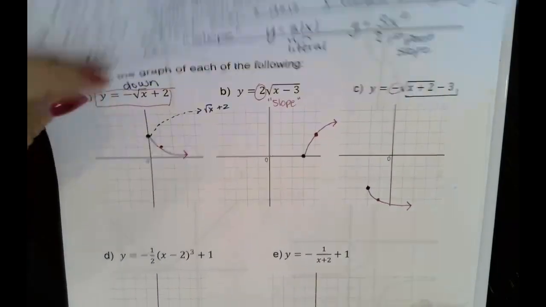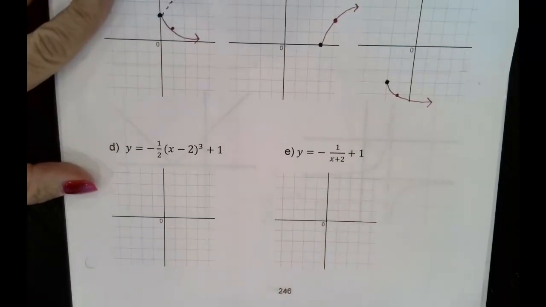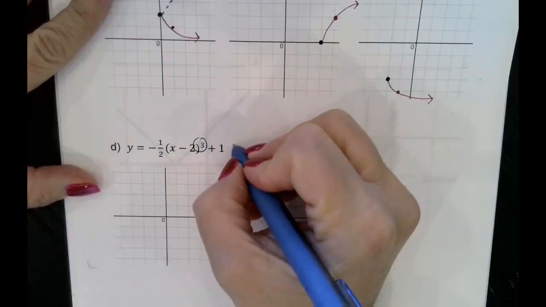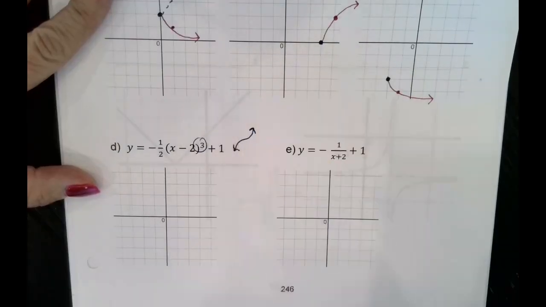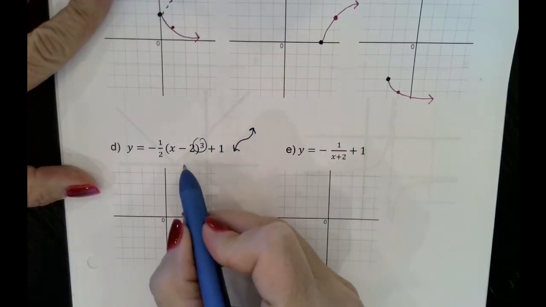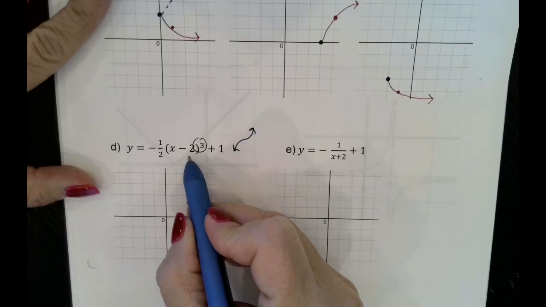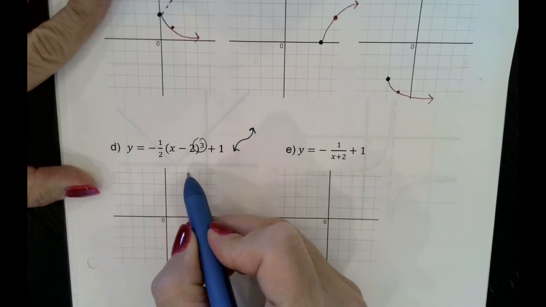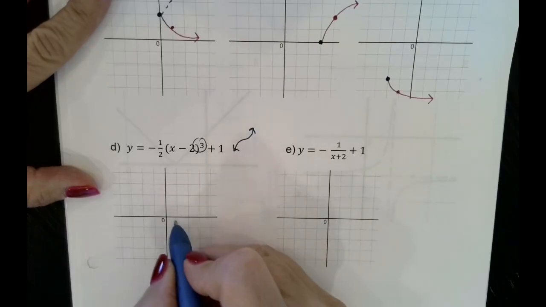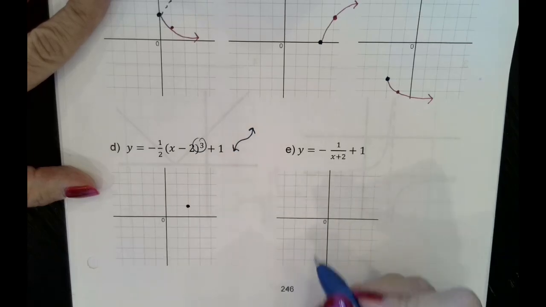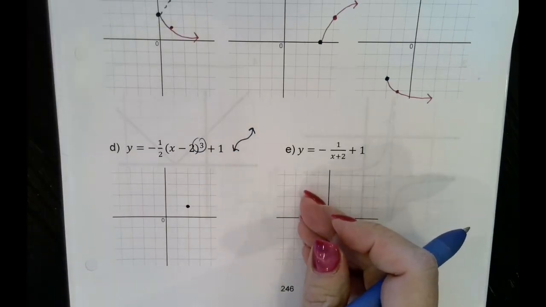All right, let's look at a couple of cubic functions here. So I know that this tells me it's cubic, so my cubic function is going to look like this. So my new starting point for my cubic function is going to be at 2, 1. That's my starting point of this.